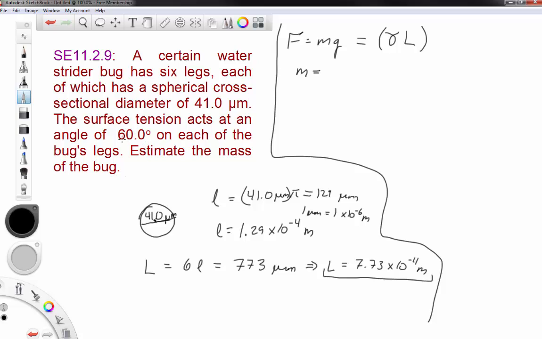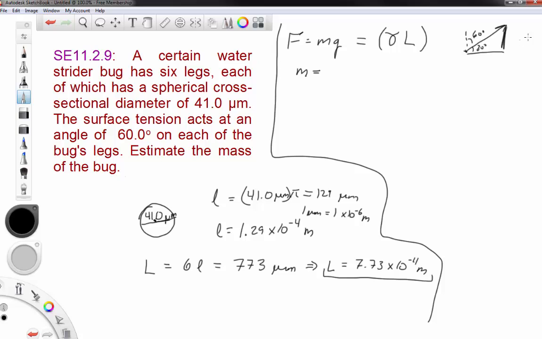This factor is that the surface tension is acting on an angle of 60 degrees on each of the bug's legs. So the surface tension itself is not all acting entirely upward. In other words, if we were going to draw it from the side, the surface tension is acting like this, and this angle here is 60 degrees, and we need to have the vertical component.